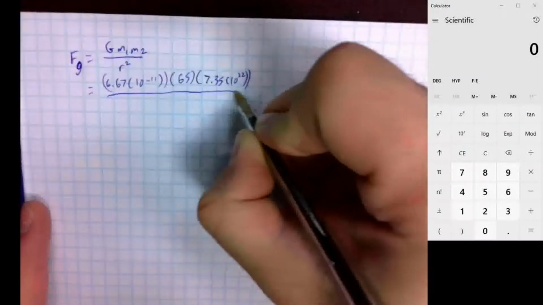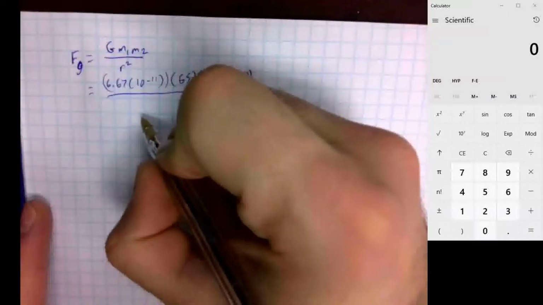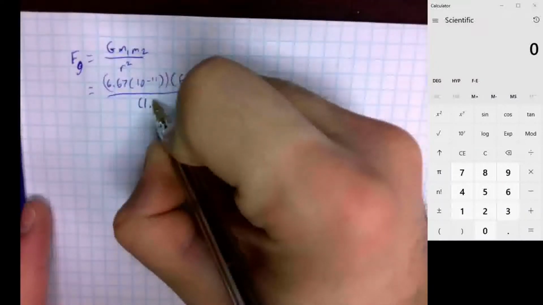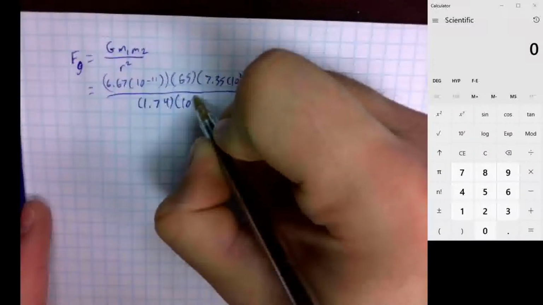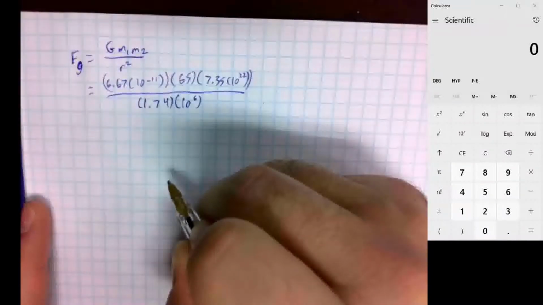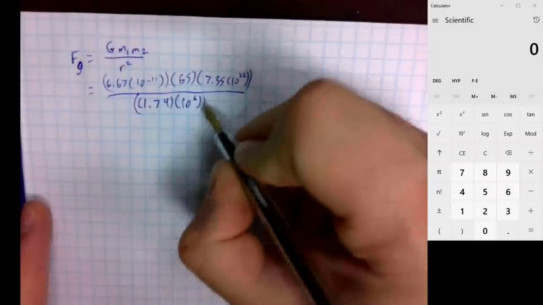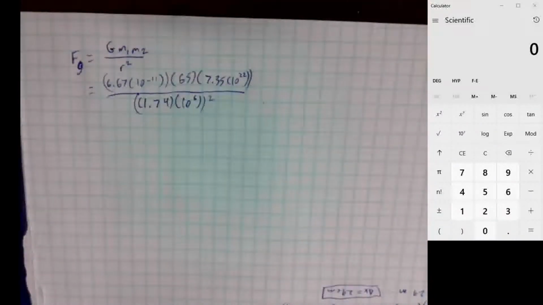And our r squared, this is in kilometers, 1.74 times 10 to the 6 meters squared. Now remember that km means that we'd have to multiply by another 10 to the power of 3. So that gives us 10 to the power of 6.